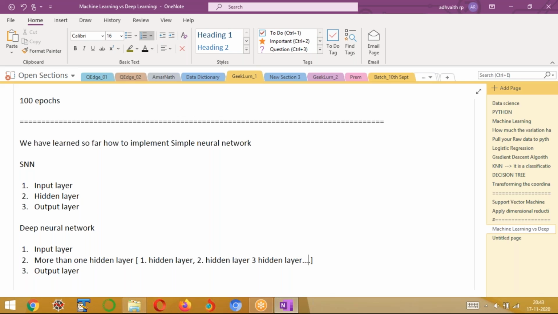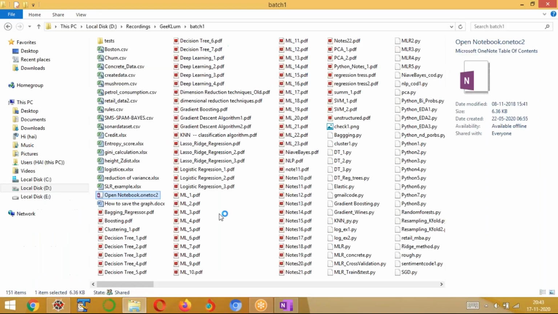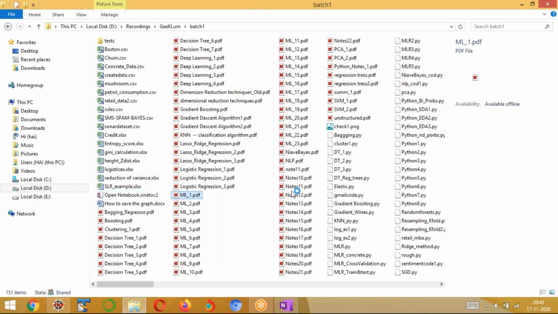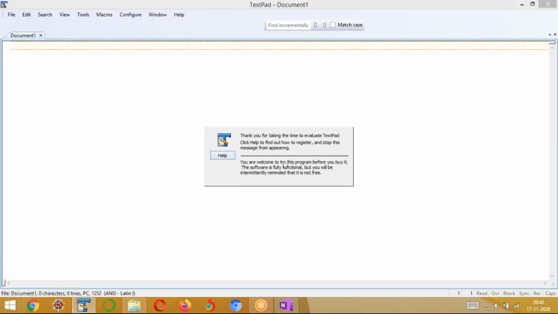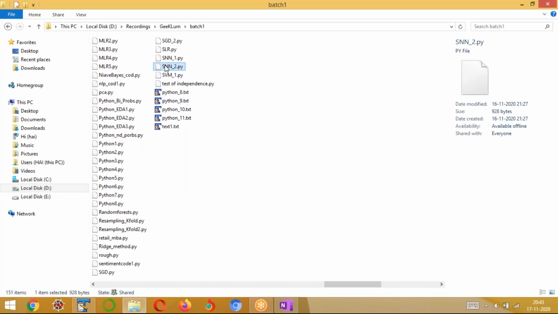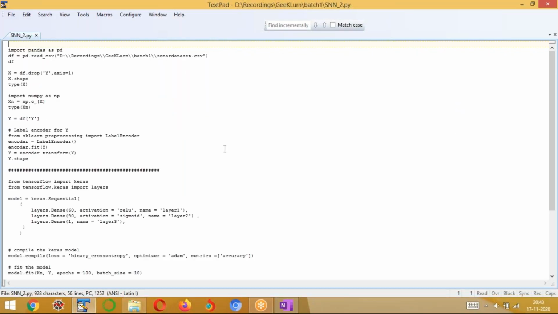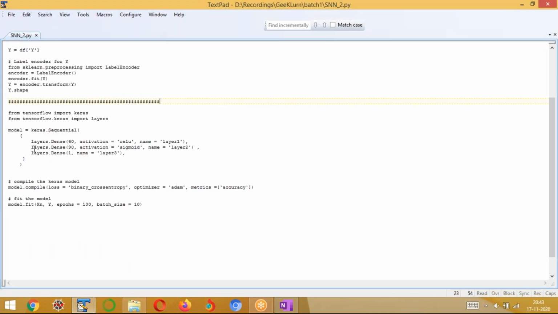However, the coding will be the same. Everything will be the same. You just need to write an extra layer. In yesterday's example, where is our example? SNN2, this one. We finished here.